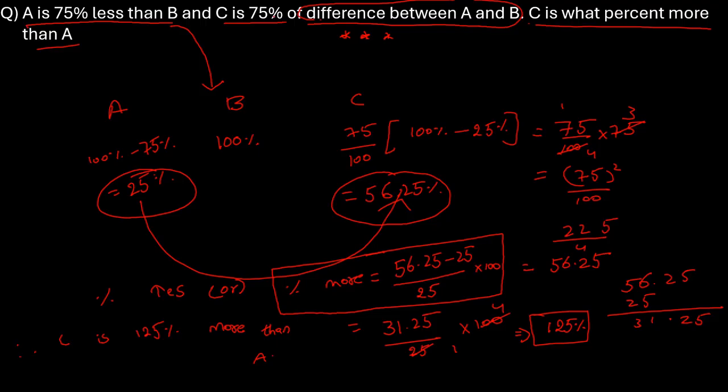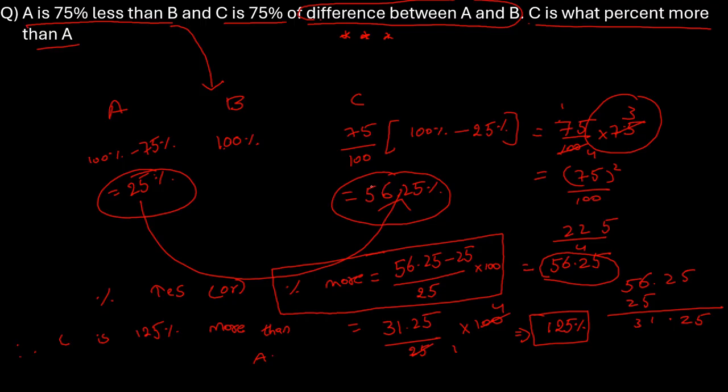And C is 75% of the difference between A and B. So the difference between A and B is 75. And 75% of 75 is 56.25. And the value of C is 56.25. And we are asked to find by what percent C is more than A. Obviously, C is more than A, but we have to find by what percent it is more.